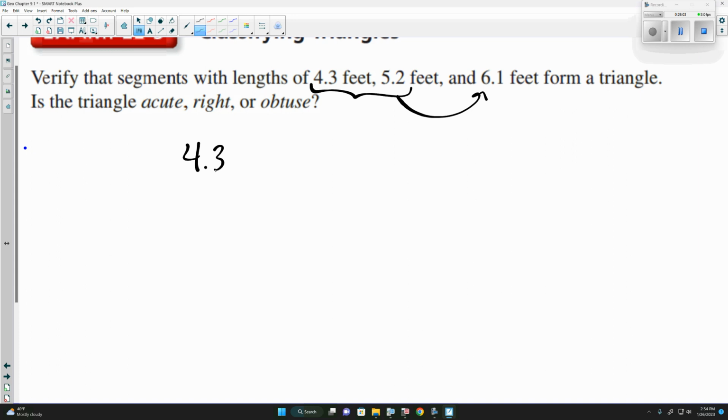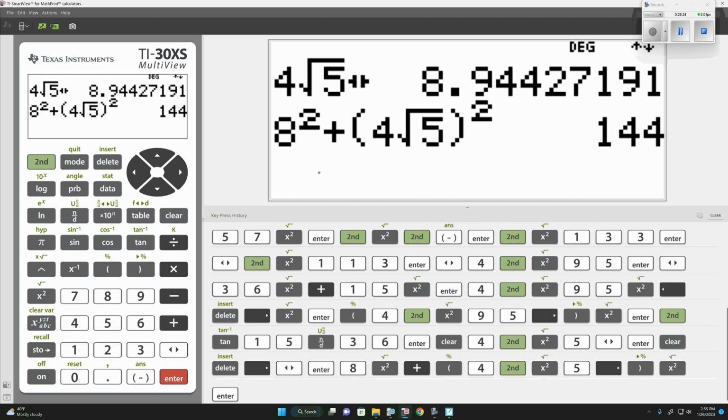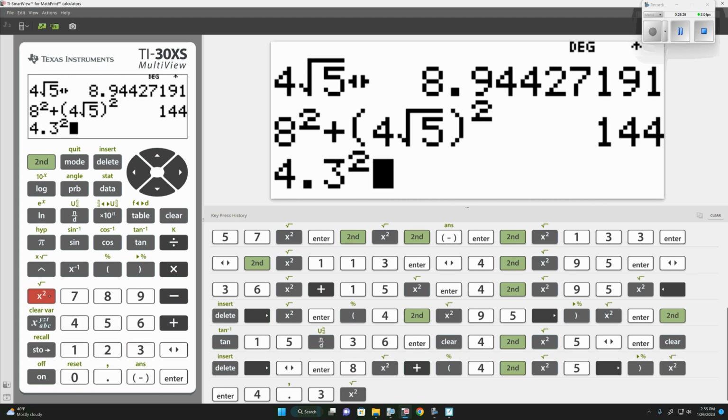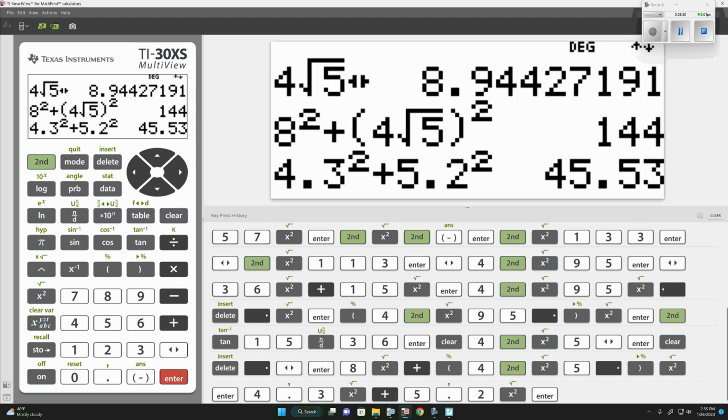Now 4.3 squared plus 5.2 squared relates to 6.1 squared. That's what we want to see. Which one is greater than the other, or are they equal? Now we can put 4.3 and 5.2 in the calculator, 4.3 squared plus 5.2 squared, and see what we get.